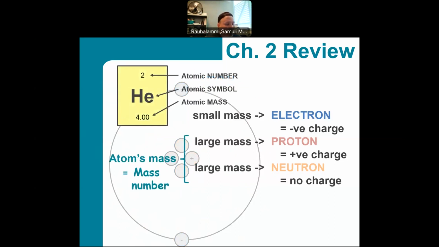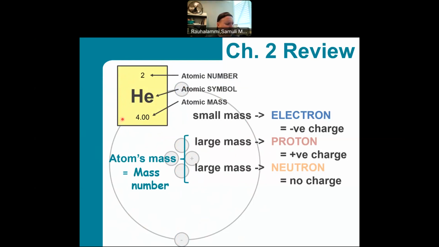I mentioned earlier that the periodic table of elements often includes a lot of other information than just the atomic symbol, the shorthand abbreviation, and the name for that particular element that we see in each box. In addition, we can see a bunch of other information listed there, for example the atomic number and also the atomic mass.